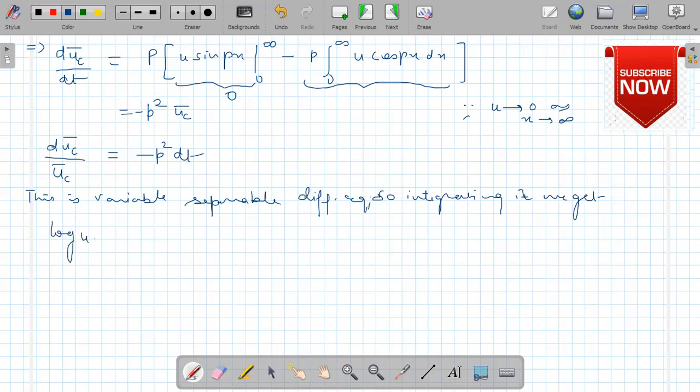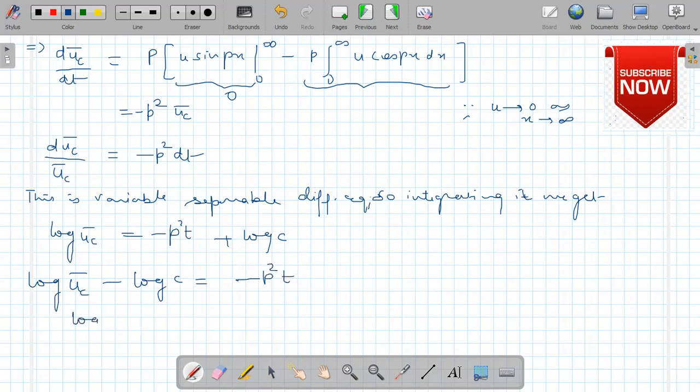log of uc bar equals minus p squared t plus log of c, so that we have log of uc bar minus log of c.